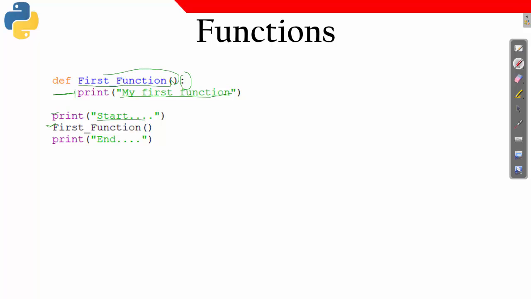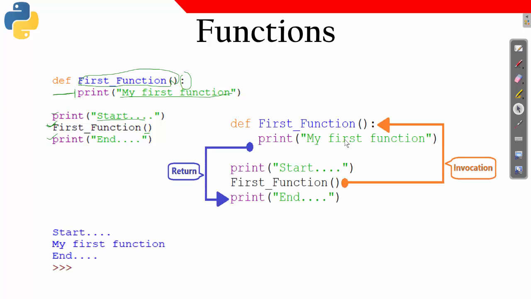Okay, my first function. So the function name is called, and whatever the function needs to do, it will be doing here when the function is called, and at the end I'll be printing end. Now you see what is happening here. The print statement will be executed first.